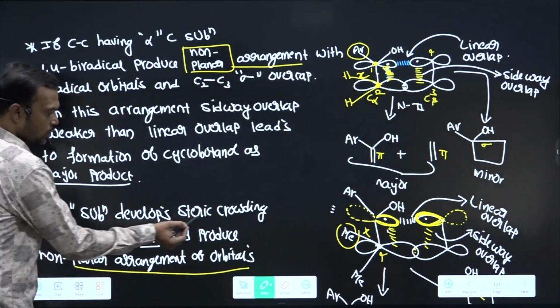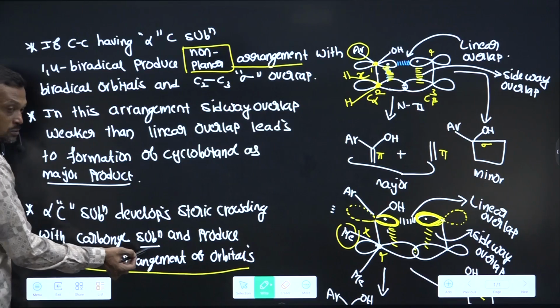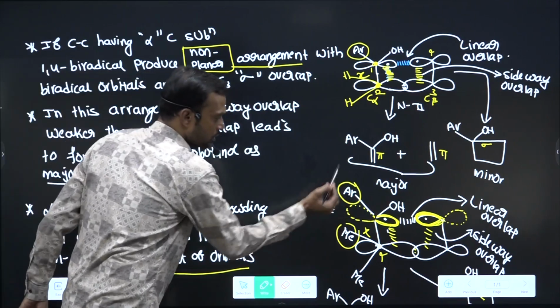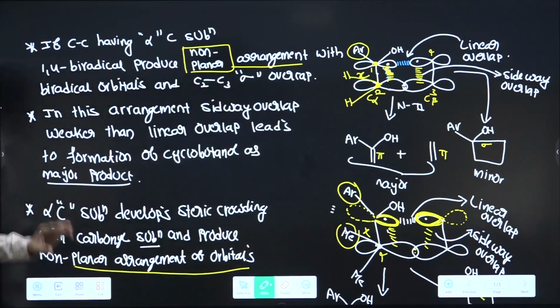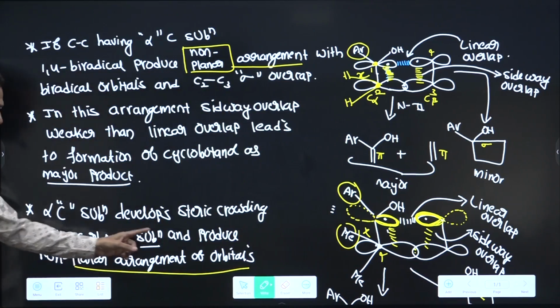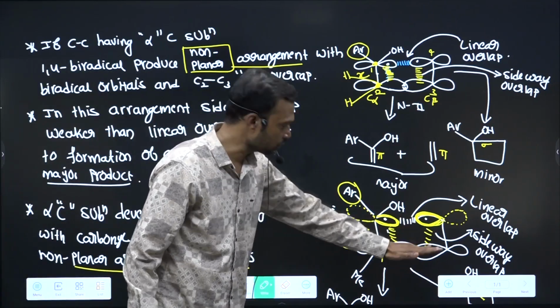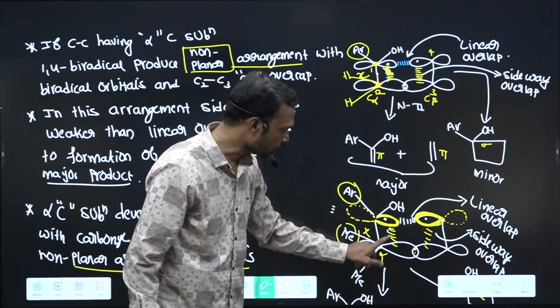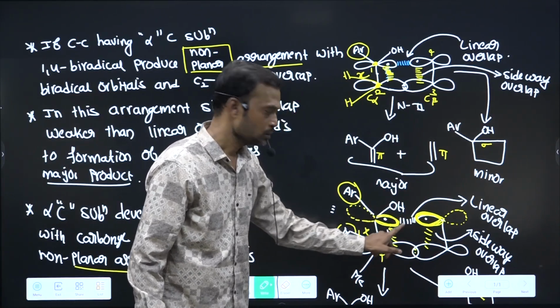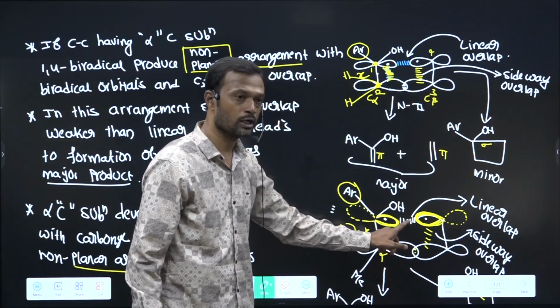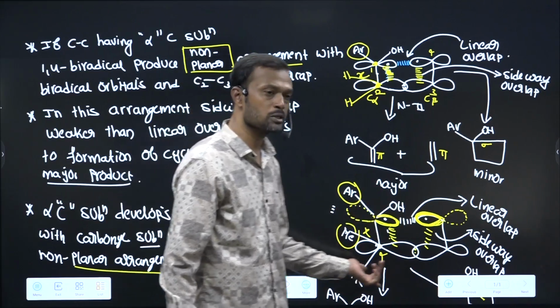The carbonyl substitution is benzene; the C double bond O is called the carbonyl substitution. This produces a non-planar arrangement of orbitals. When these are non-planar, this is linear and this is a little vertical. At that time this overlap is weak, so head-on overlap is strong. When head-on overlap is strong, cyclobutanol is major.